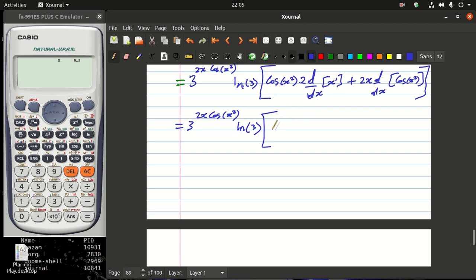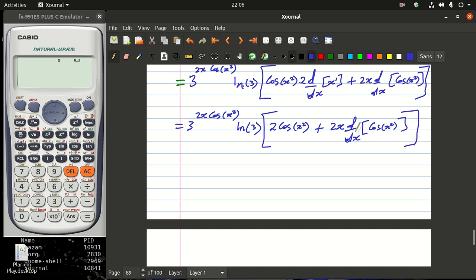So this whole thing is going to be just 2 times cosine of x squared times the derivative of this, which is just 1, or dx divided by dx is just a 1. So I'm not gonna place a 1 here, so it's just a 1. So I'm just gonna remove this one here and live with that, and then plus 2x times the derivative with respect to x of cosine of x squared.